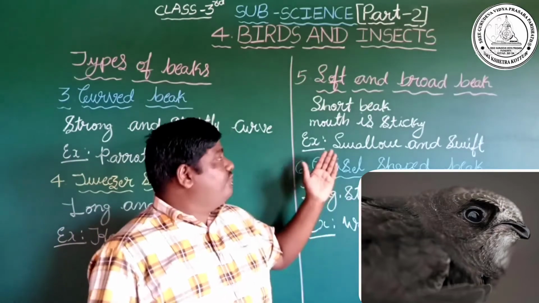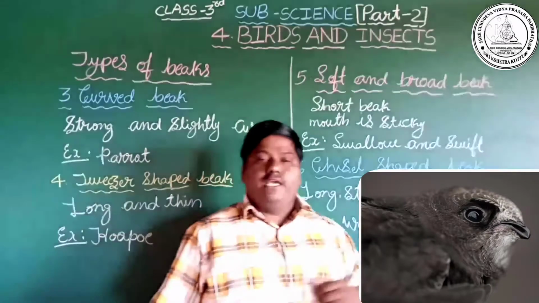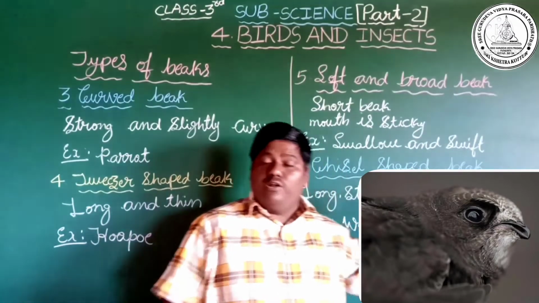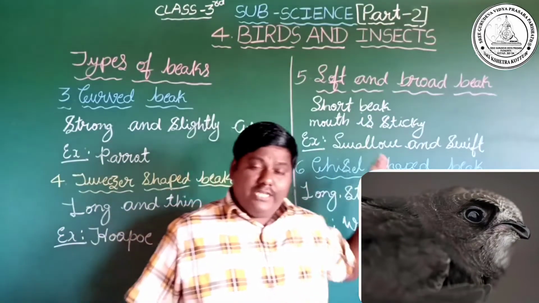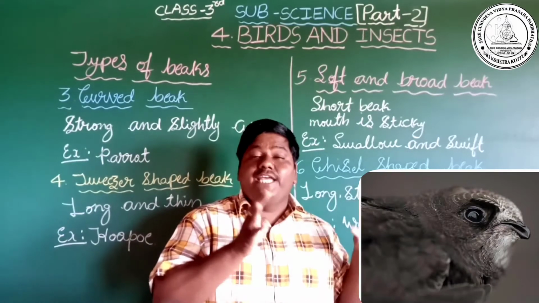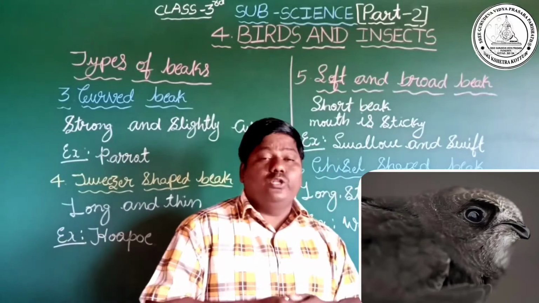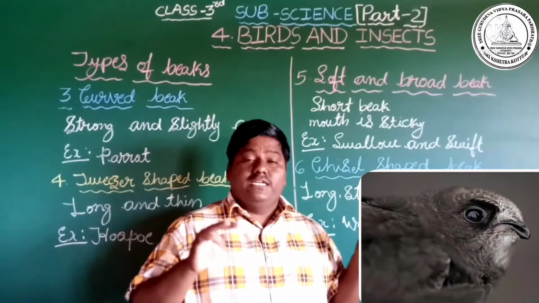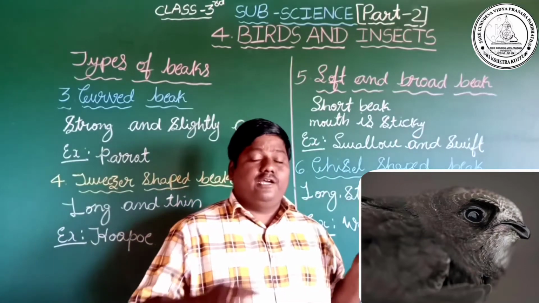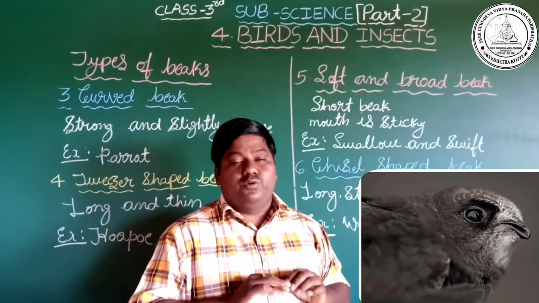What is the use of the soft and broad beak to the swallow and swift? When they are flying in the sky, they open their mouth. In the sky some insects are also flying, and at that time they have already opened their mouth.